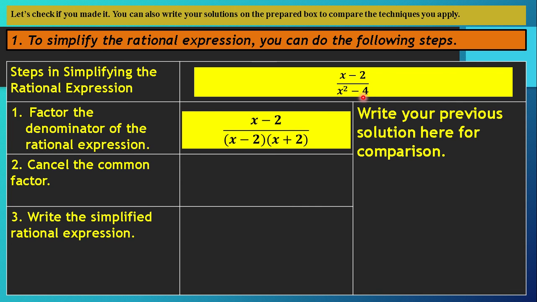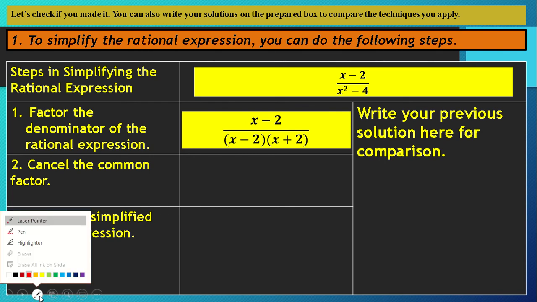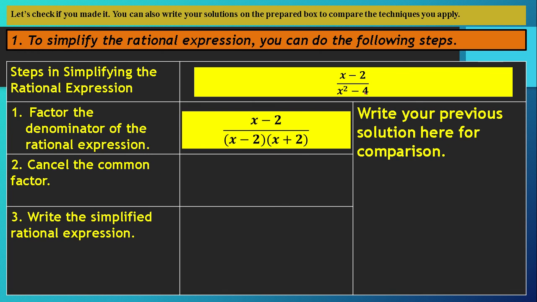Itong x squared minus 4, this is a difference of two squares. Ito ay special product. Bakit natin siya tinawag na difference of two squares?